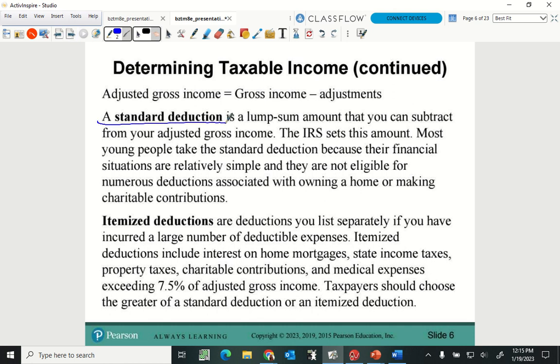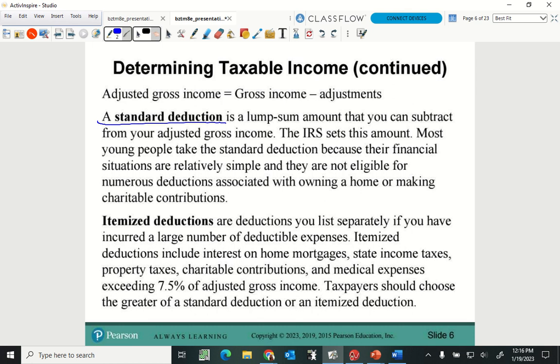This is the problem right here on this one. The standard deduction is a lump sum amount that you can subtract from your adjusted gross income. The IRS sets this amount. Most young people take the standard deduction because their financial situations are relatively simple and they're not eligible for numerous deductions associated with owning a home or making charitable contributions. When we filled out the W-4s, remember when we said just put 0 in this category?